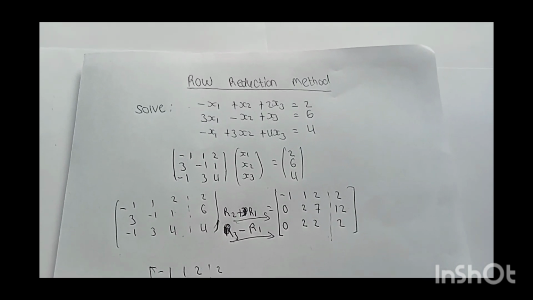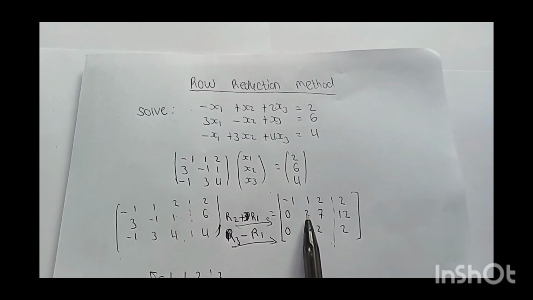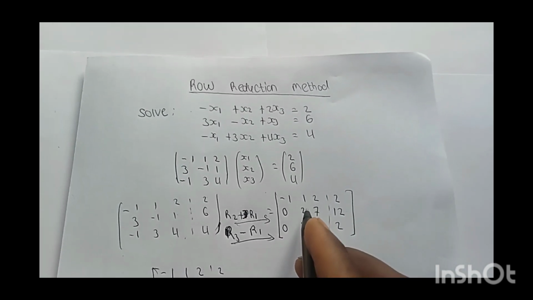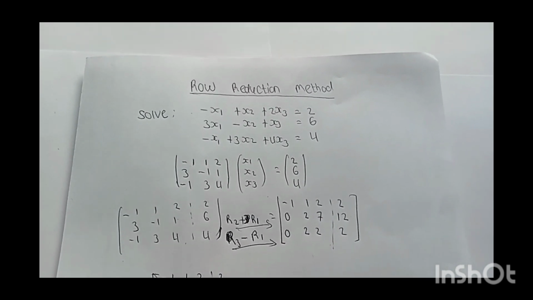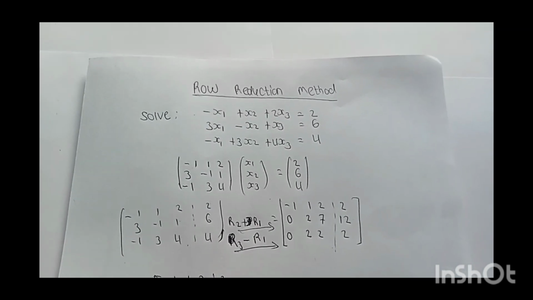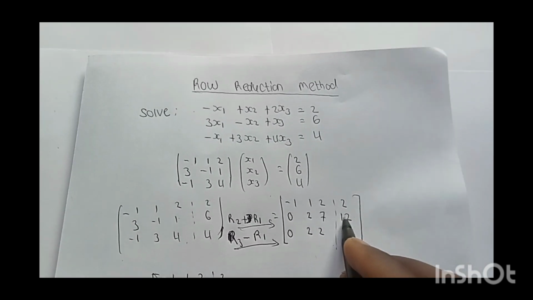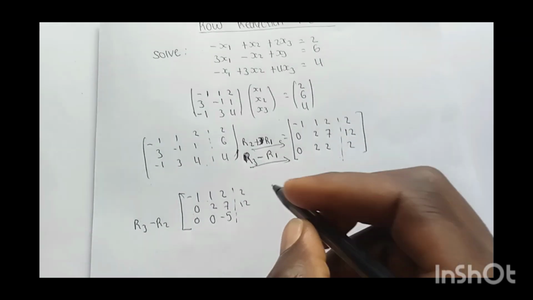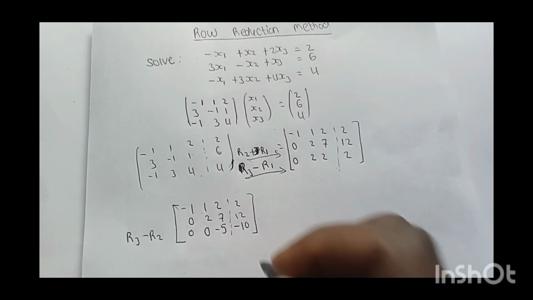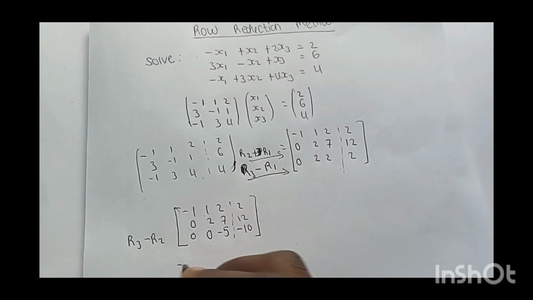So our new row 3 will be this one minus this one. 0 minus 0, 0. 2 minus 2, we have 0. 2 minus 7, we have -5. 2 minus 12, we have -10.